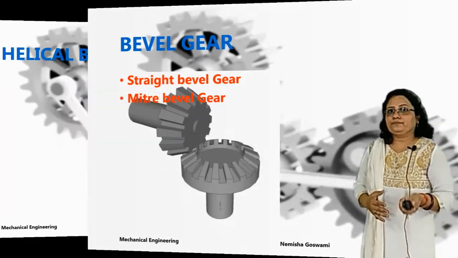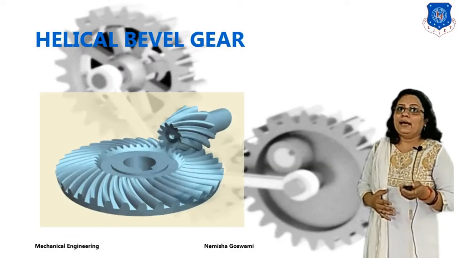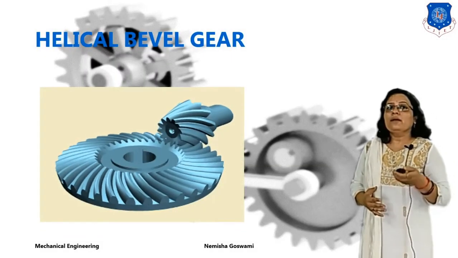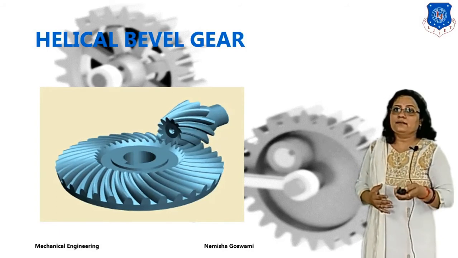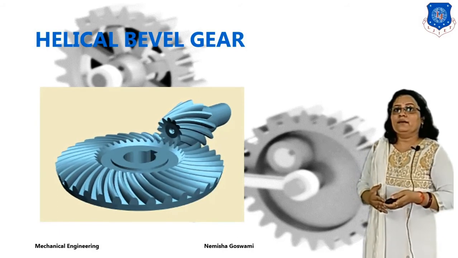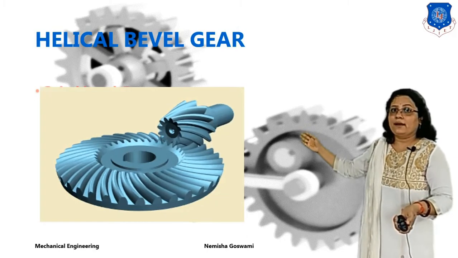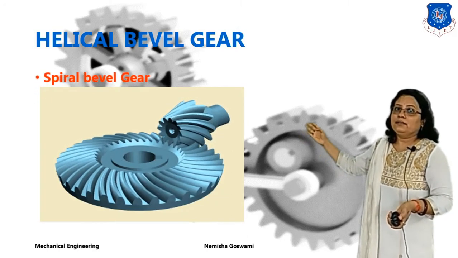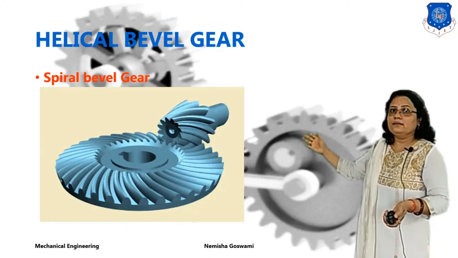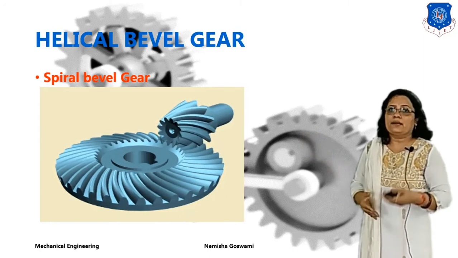Next is your helical bevel gear. So helical bevel gear is this type of gear. You can see in this diagram, these type of gears are also known as spiral bevel gear, right?